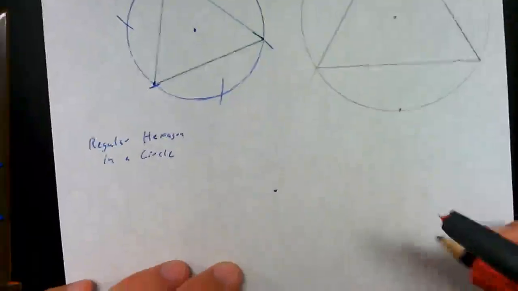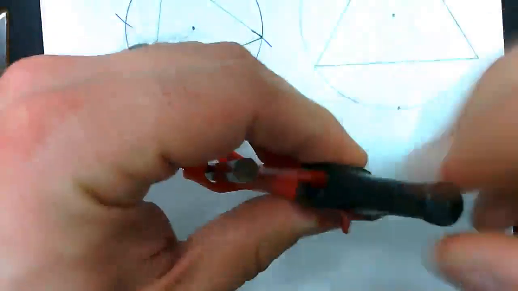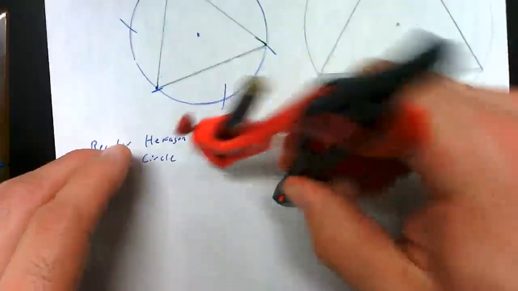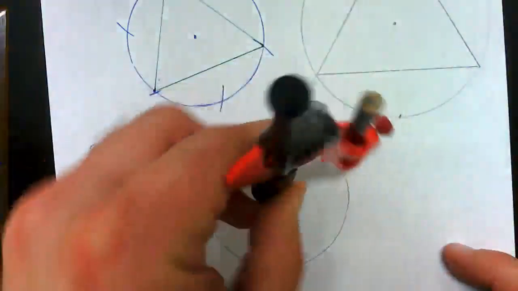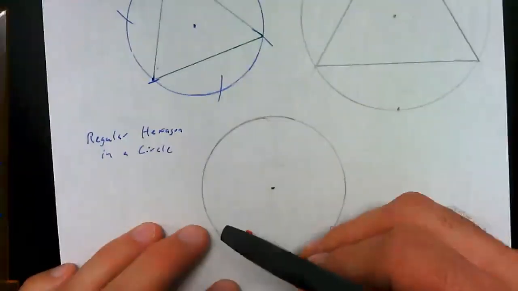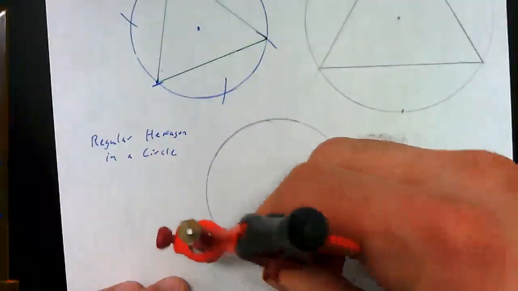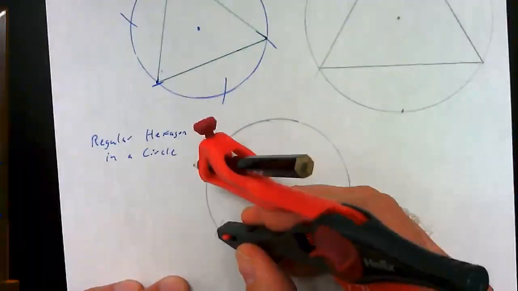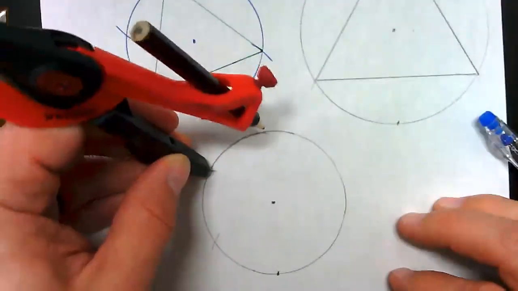So I'm going to start off with a point. I'm going to draw a circle with my compass around that point. Then I'm going to pick a random point. Again, I'm going to move my compass to mark off equally spaced pieces with that same measurement that I created the circle with.